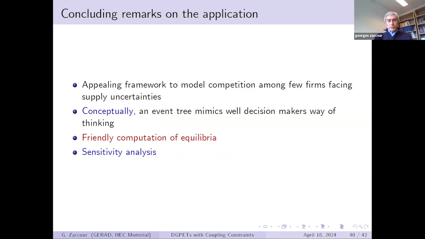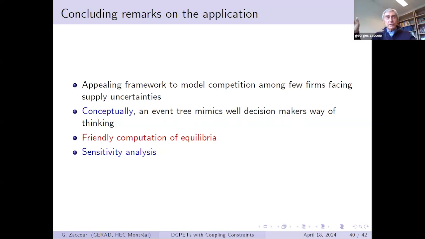So what are the conclusions that we can draw here? I believe sincerely that this framework is interesting to deal with competition among few firms when we have uncertainties. Conceptually, an event tree is really mimicking how decision makers are thinking about uncertainty. For instance, if you look at the price of oil next year, what decision makers will be considering are a few values.